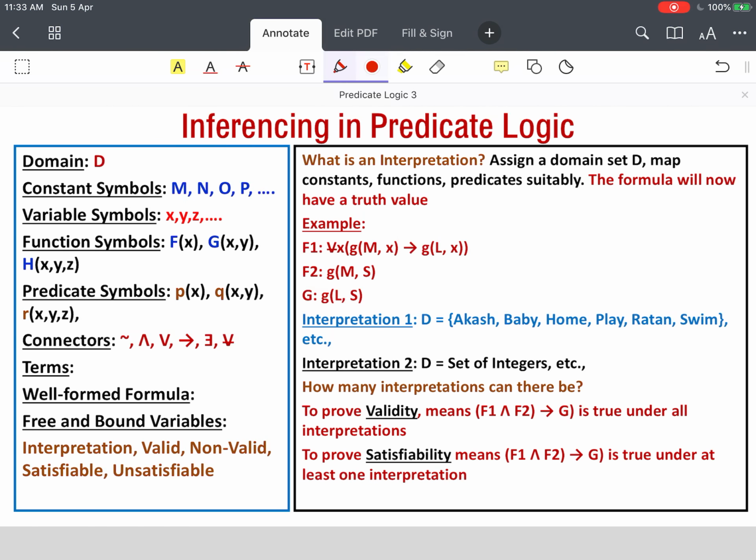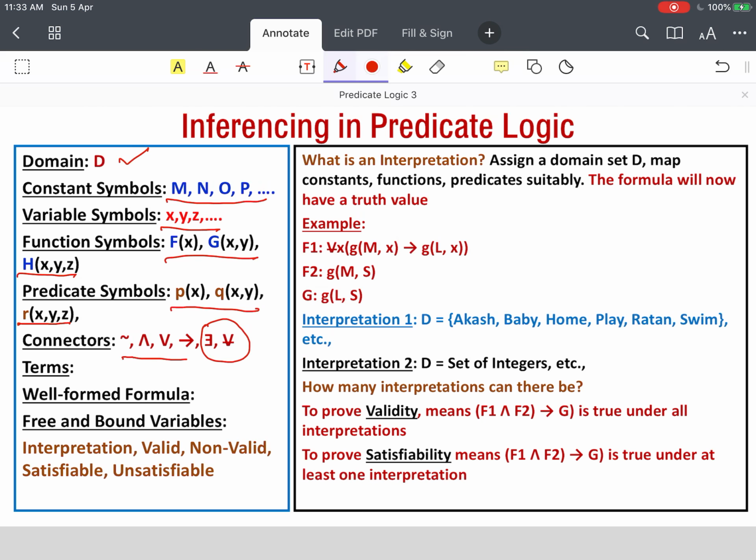Then we discussed in a little more detail what is meant by inferencing, and we said that first order predicate logic is also known as predicate calculus. It has a domain, some constant symbols, some variables, some function symbols, and some predicate symbols.